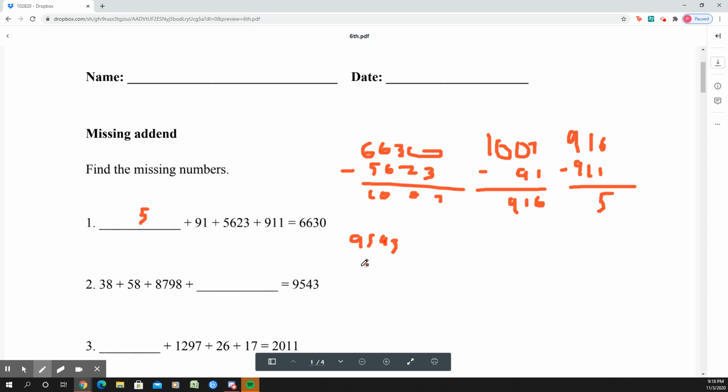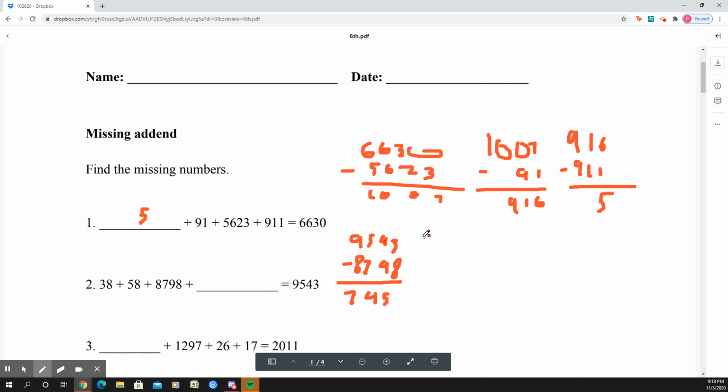9,543 minus 8,790. Okay, what's 9,543 minus 8,790? It would be 745.